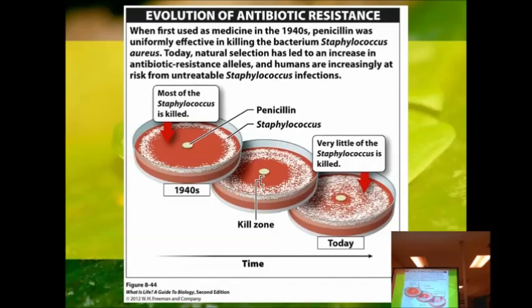The reason for that is, it used to be penicillin would just destroy all of those bacteria, but then as people stopped taking the full rounds of antibiotics and humans took so much penicillin, we needed more and different types of antibiotics in order to kill off things that used to be very easily killed.